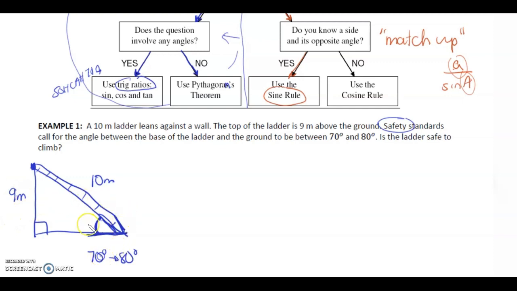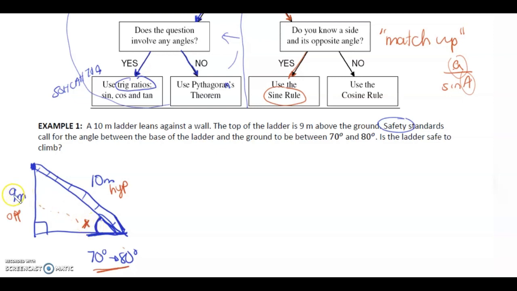Instead of subbing in a 70 or an 80 here, we're going to solve for the situation where the opposite side is 9 meters and the hypotenuse is 10 meters. Afterward, we can compare it to the 70 to 80 guideline.